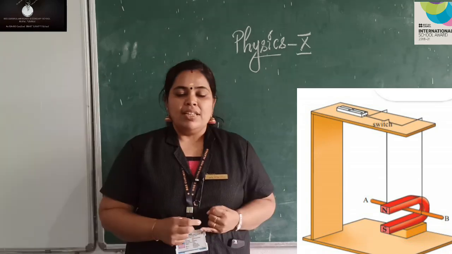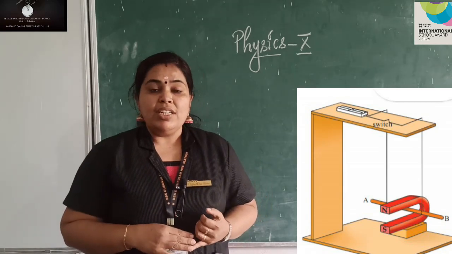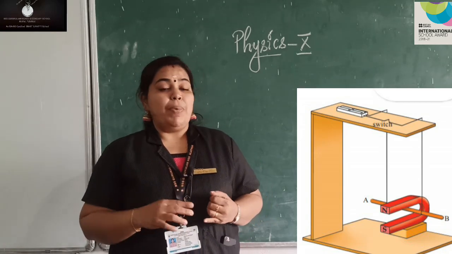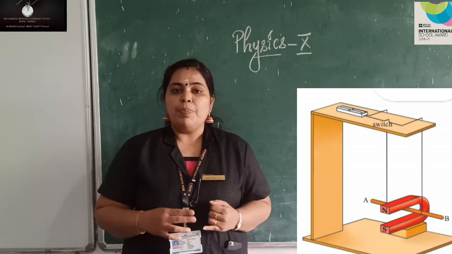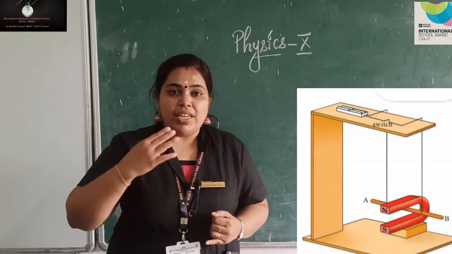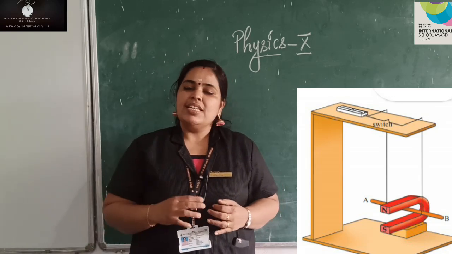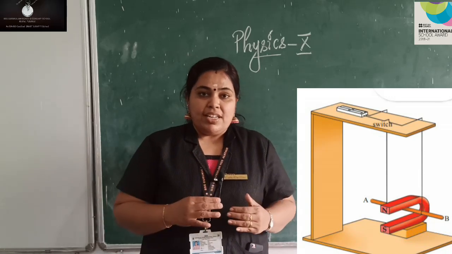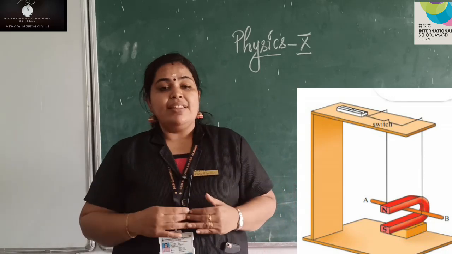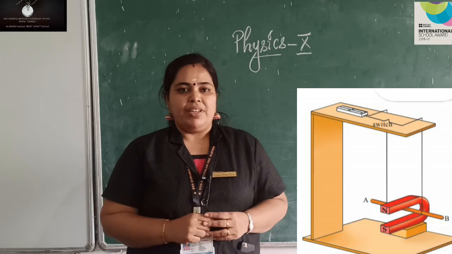In the last class, you learned what happens when current passes through a conductor. Around it, a magnetic field is developed. And this conductor, when it is kept in another magnetic field, what will happen?